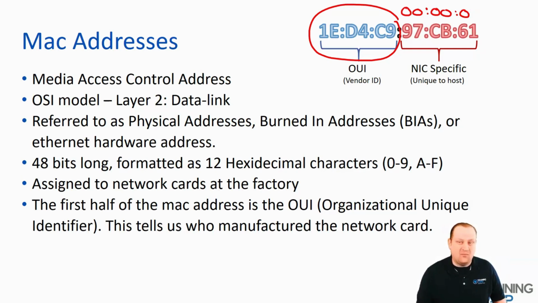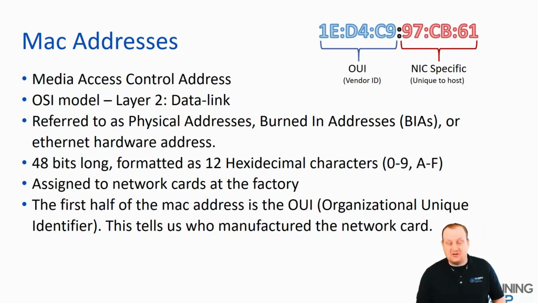The next card will be 03, and so forth. Every time we make a card, we just increase that last little part, which is specific to the network cards that we are making. Eventually, we'll get to 97 Charlie Bravo 61, as seen here. But all in all, you can always look up the first half of the MAC address and know who made it, which is kind of neat.